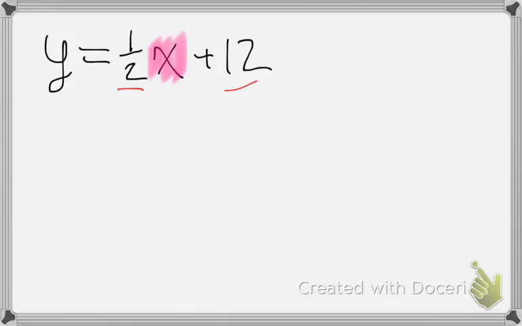And when we're solving an equation, we actually go in opposite order. When we do order of operations, we do multiplication before addition. Well, because we're undoing things, we go in the opposite order. So we want to undo the addition first.